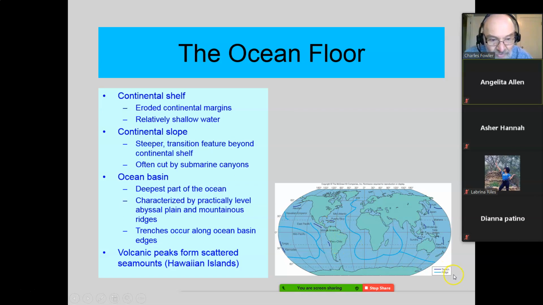Now, also your trenches are where you have subduction zones, either oceanic subducting below the continental plate, like the Peru-Chile trench here. The Puerto Rican trench here. The Aleutian trench here.